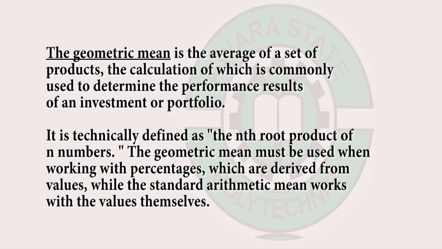It is technically defined as the nth root of the product of n numbers. The geometric mean must be used when working with percentages, which means we derive it from the value, while the standard arithmetic mean works with values themselves.